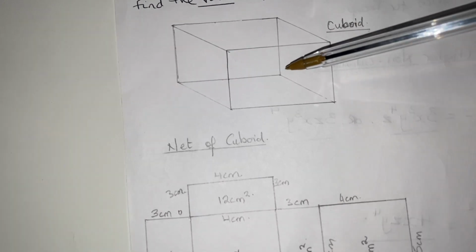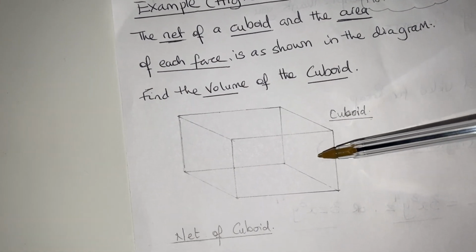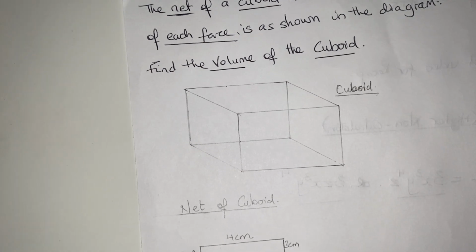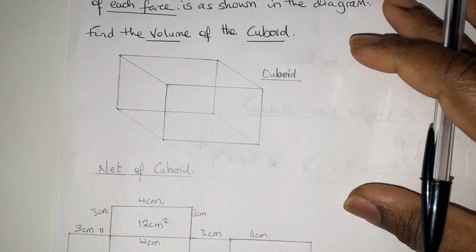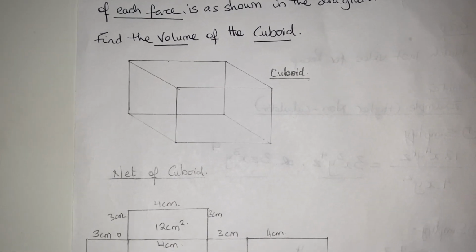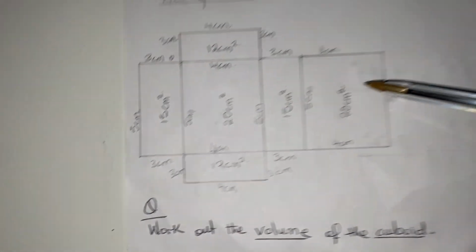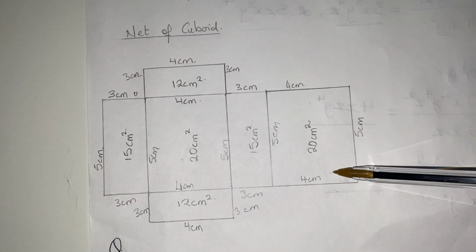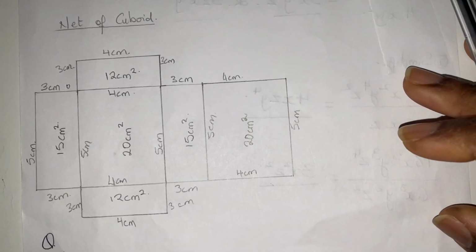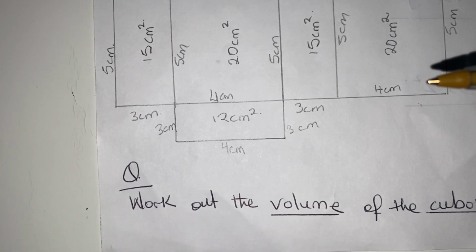So this is my cuboid here, and the net is when you open it up. We've looked at cylinders and stuff. So when you open this cuboid out, you are going to get this shape here, and that shape is the net. I hope you can see. That is my cuboid, that is my shape.